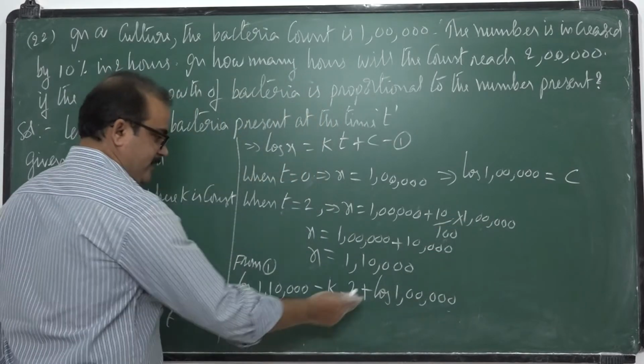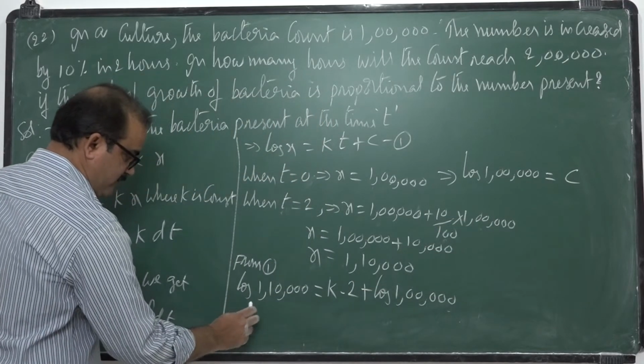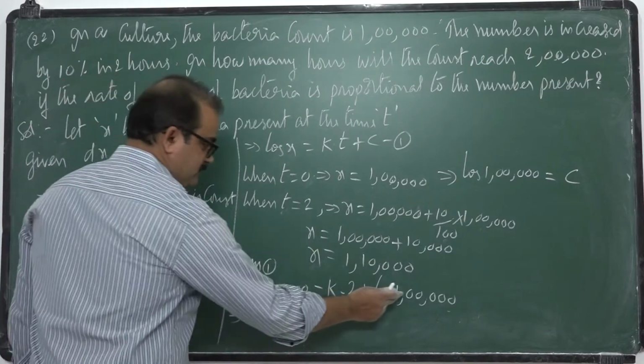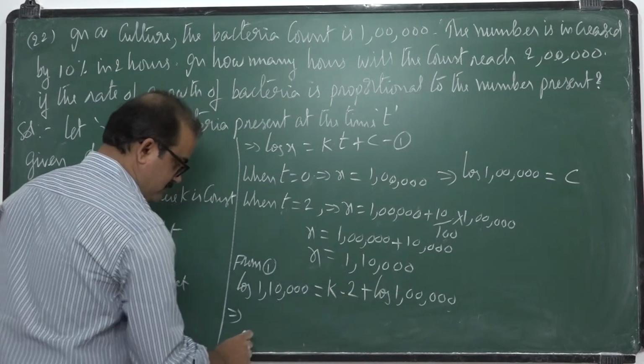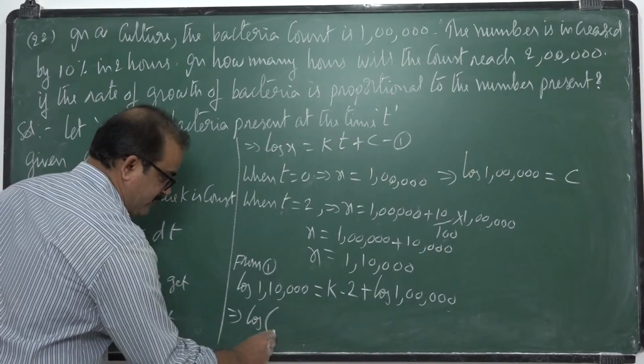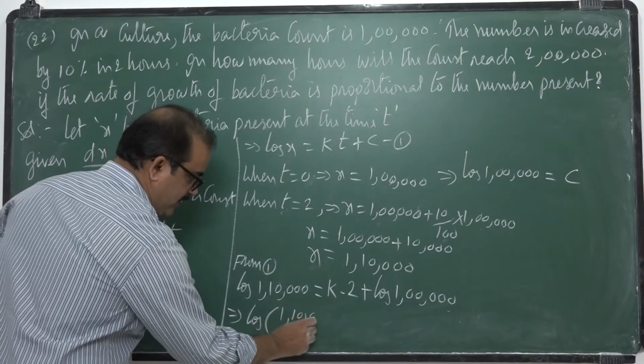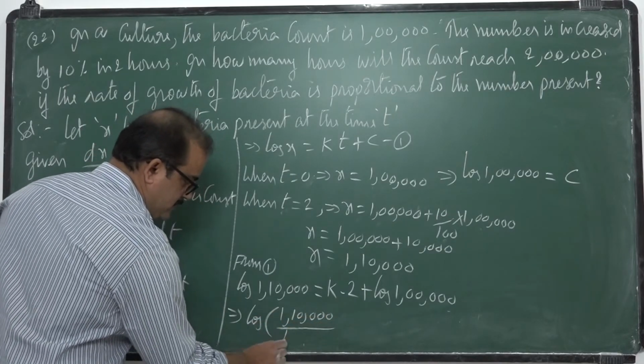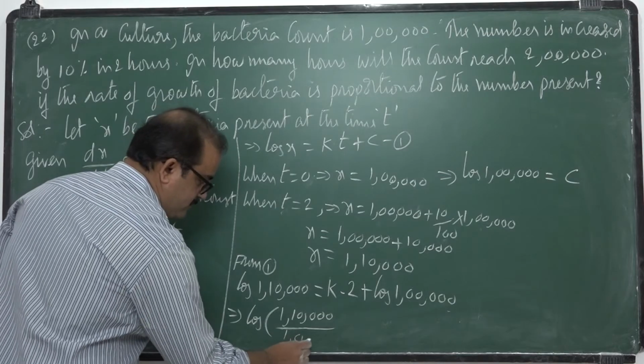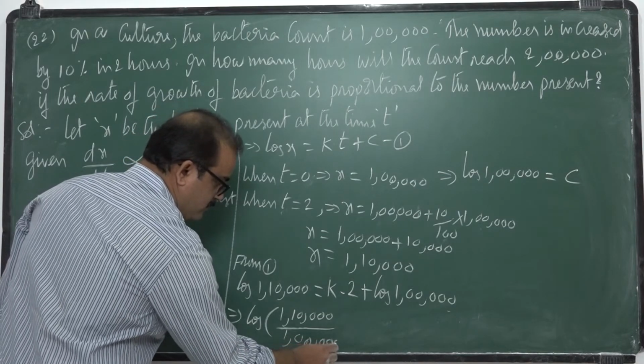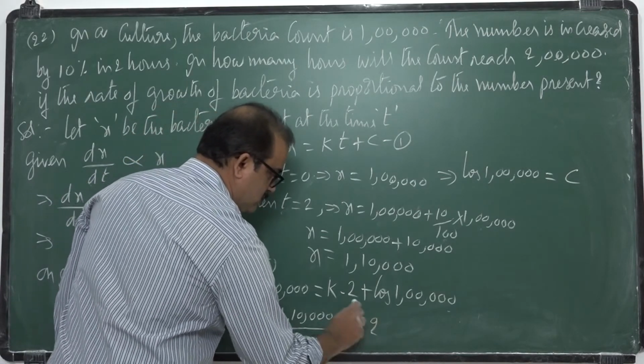Okay, take this logarithm term to the left hand side. That becomes log m minus log n, that is log of m by n. 1,10,000 by 1 lakh is equal to 2k.